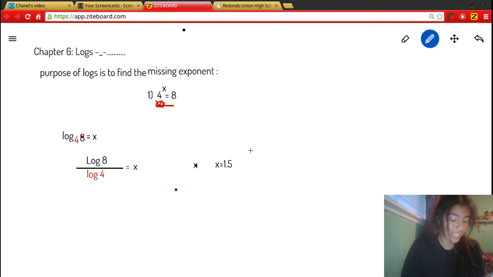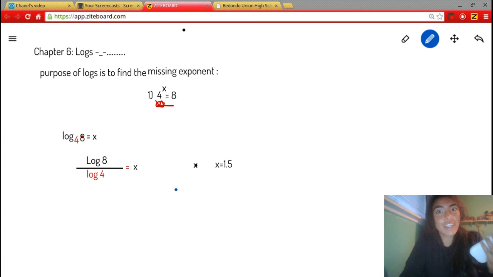You first put the 8 in, and you close parentheses. Make sure you close it or else it won't work. Then you hit the dividing sign, and then you hit log again for your log 4. Type in the 4, close the parentheses. You press equal, and it gives you x equals 1.5. That is your missing exponent. Pretty simple, down to the point.